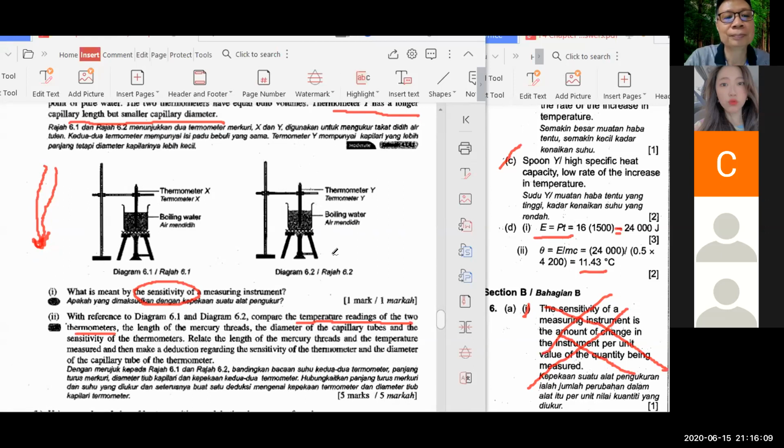How to give the answer? This first part is already a challenging question.